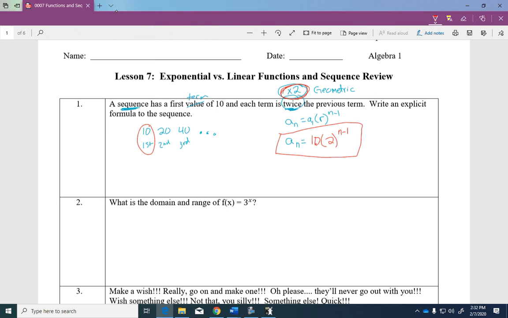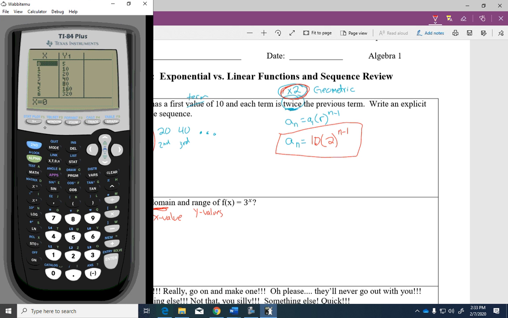I'm just going to talk over these announcements. Hopefully you could still hear me. Domain, remember, are your x values. Range are your y values. I like thinking about a graph when I'm doing domain and range. So you could even put it in on your calculator.